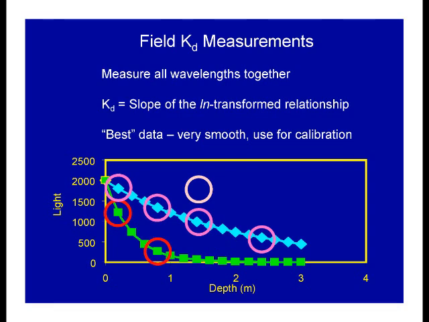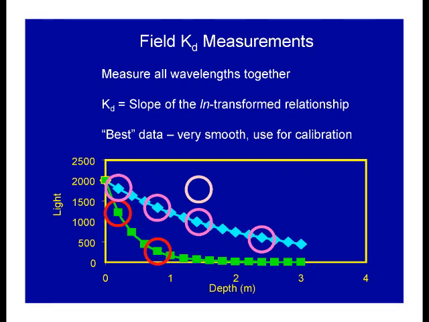Since time is money, we don't measure every single depth. We'll make measurements at this depth, this depth, this depth, and this depth, and then the log transformation of those light values gives us our KD value, or attenuation coefficient. You can also use a technique where you only make two measurements, and that gives you a perfectly acceptable value of KD.